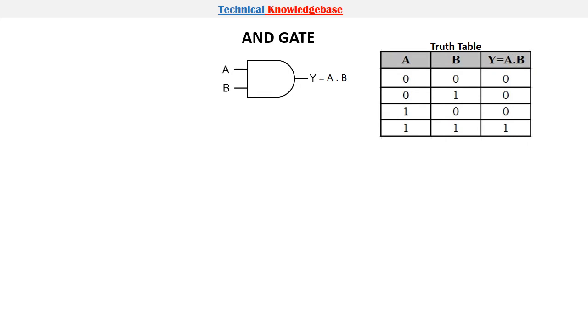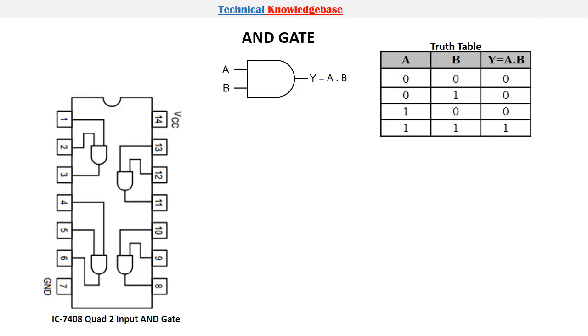When input A and input B are 0, then output is 0. When input A is 0 and input B is 1, then output is 0. And likewise you can see that 1 into 1 is 1. When input A and input B are 1, then output is 1.